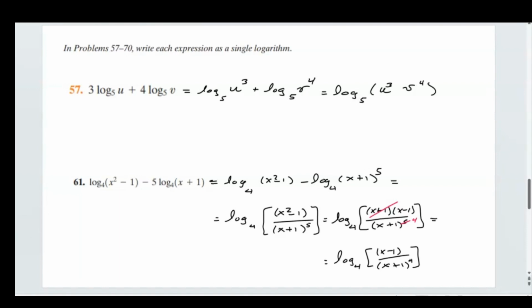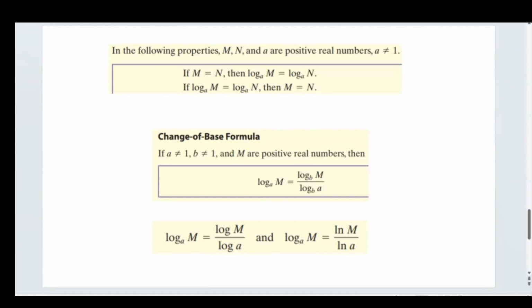Now, there is another important property, and I will give you examples about this property in this short video because we have a video where we use this property to solve equations. So if we have an equality between two expressions, we can apply logarithms to both sides.